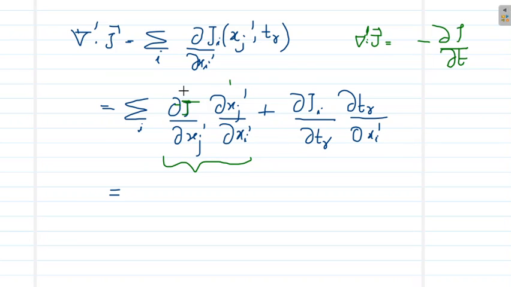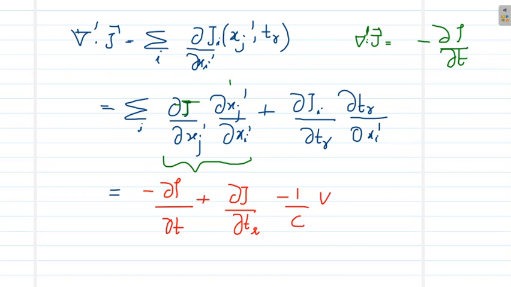So this part involves del dot with respect to space alone, and from the continuity equation that is equal to minus dou rho by dou t plus the second term. From the earlier experience, we know the second term is simply dou j by dou tr into 1 by c or minus 1 by c into del dash of curly r. This is del dash, right?